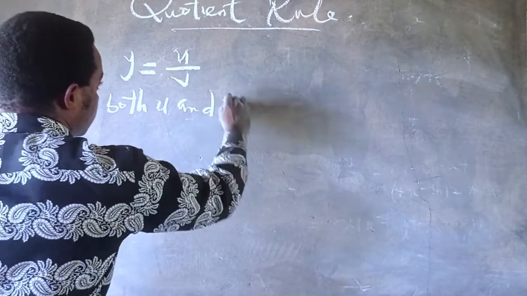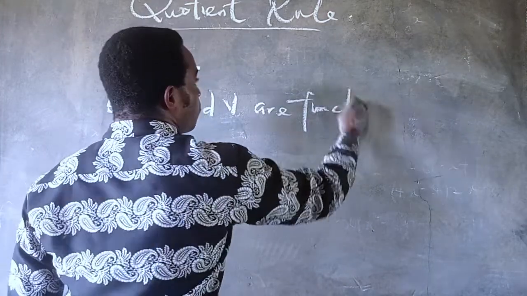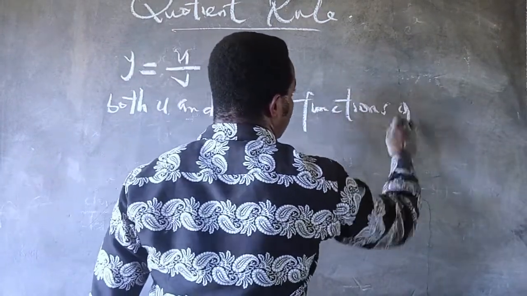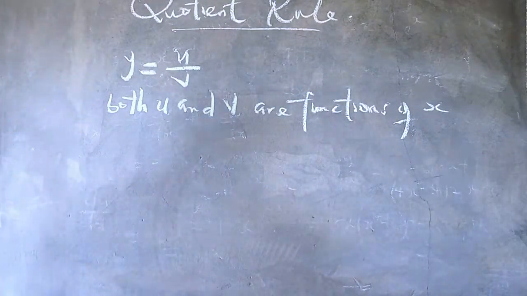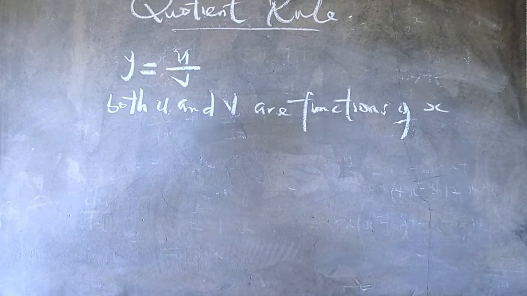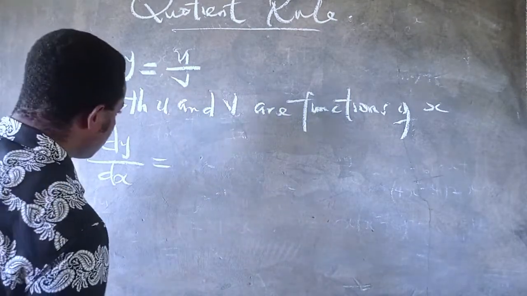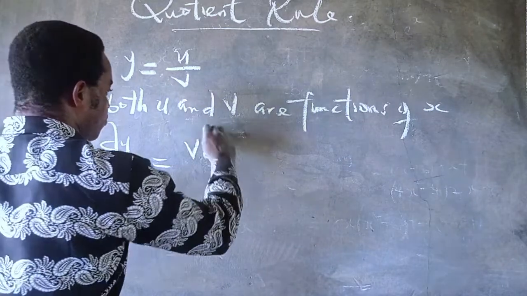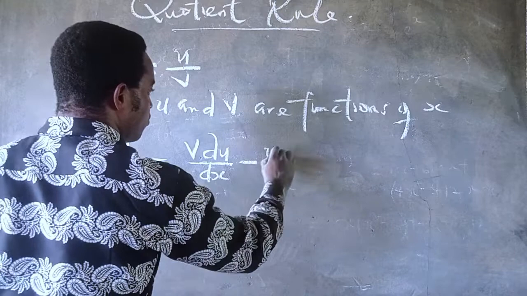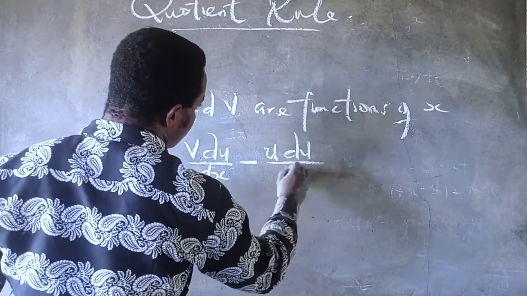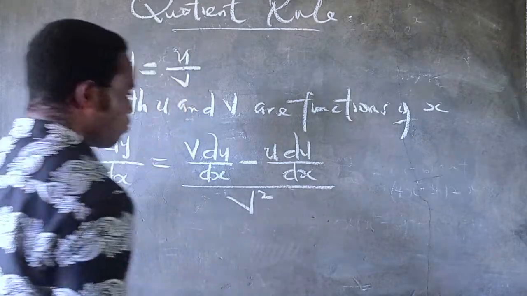Remember both u and v must be a function of x. So when you have y equals u over v, when you are dividing the two functions, then the expression for dy/dx is going to be v du/dx minus u dv/dx all over v squared.